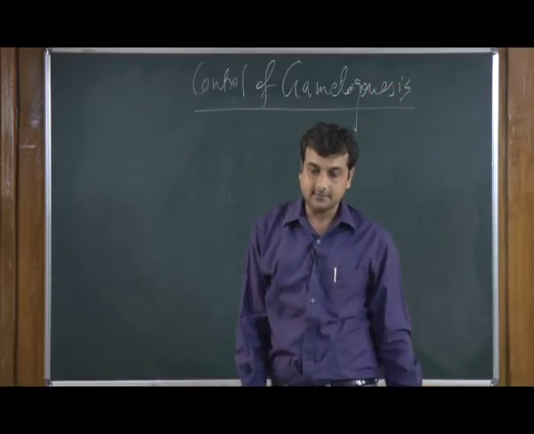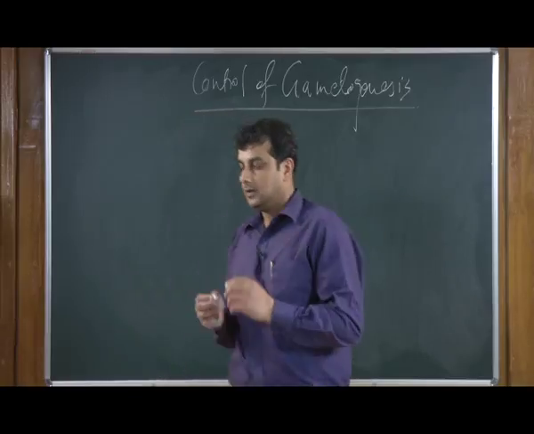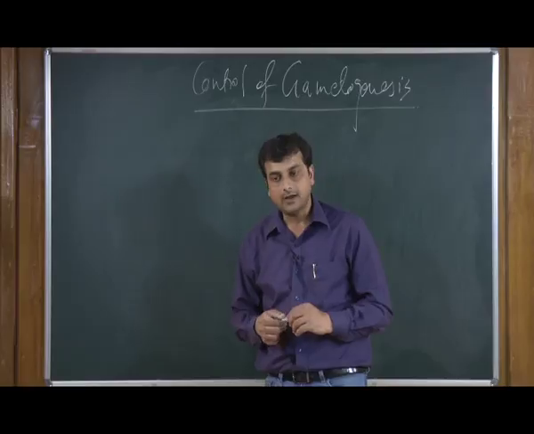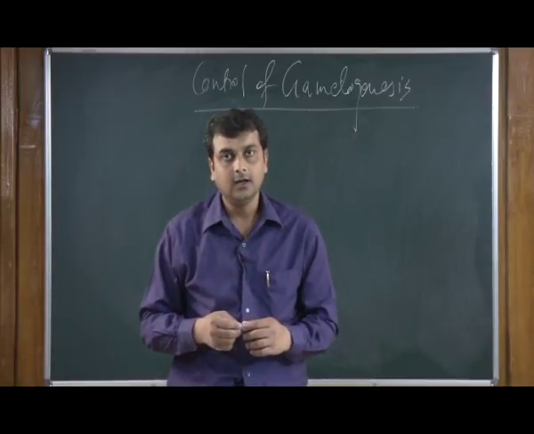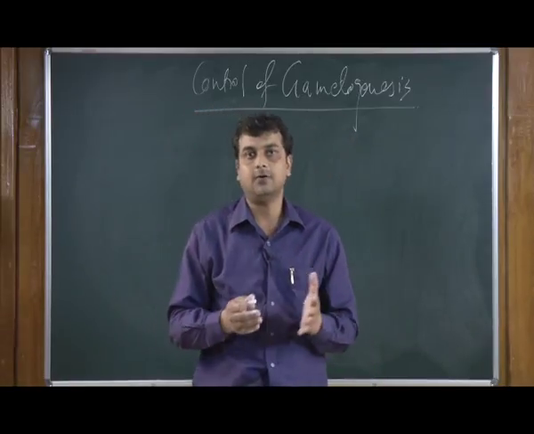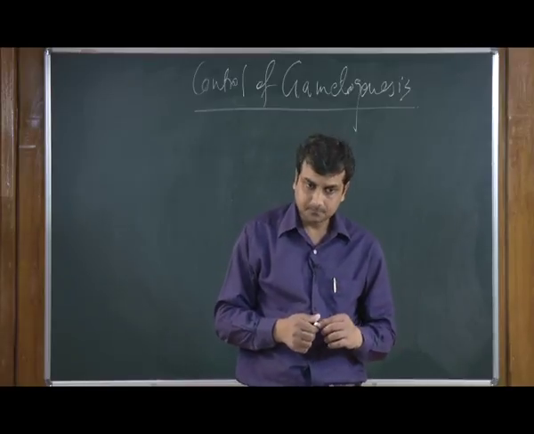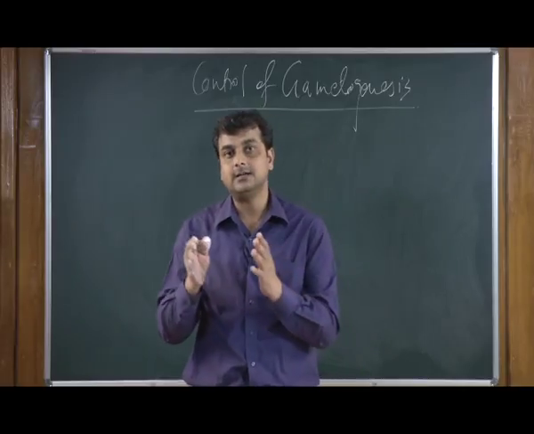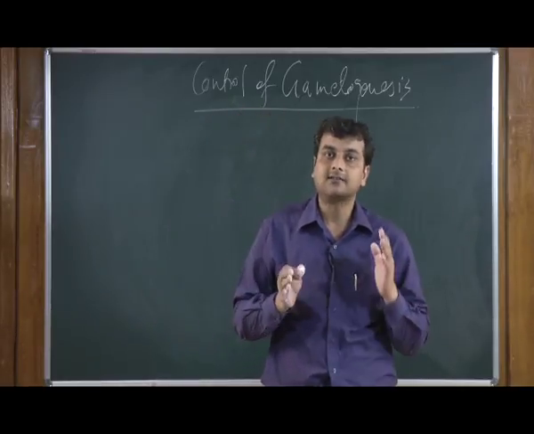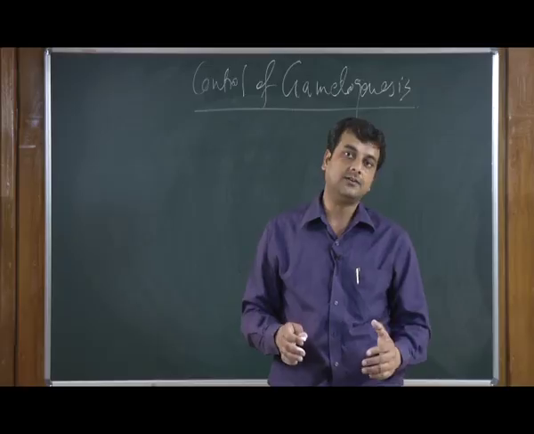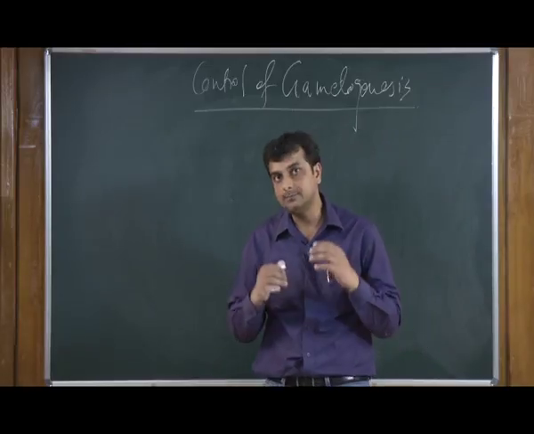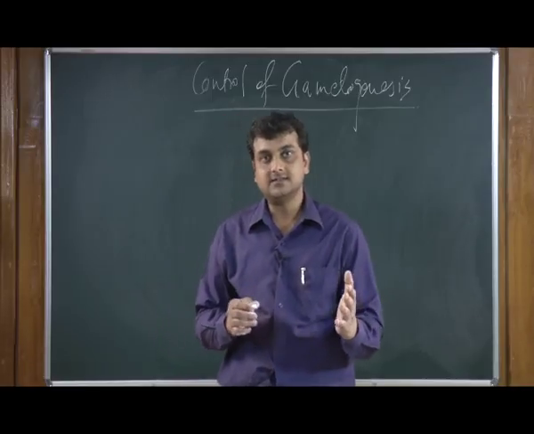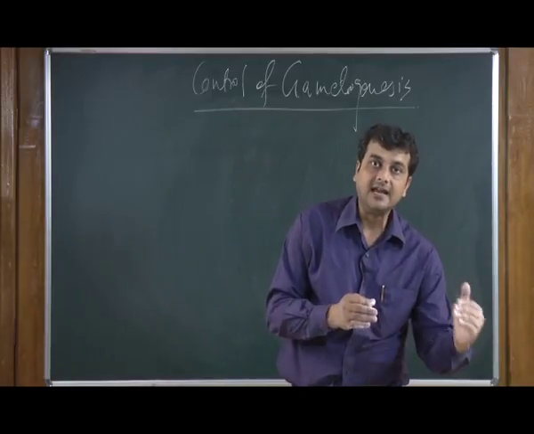Before starting this whole process, let's try to understand the physiological aspect of spermatogenesis. Each and every mechanism, each and every process in our body is controlled by a master regulator, and that is the brain. The brain is part of the central nervous system, and the central nervous system is nothing but the combination of brain and spinal cord.